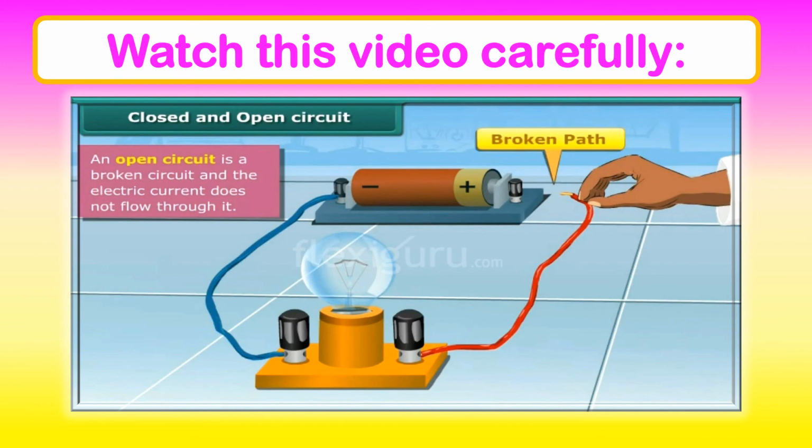Also, the bulb doesn't light up since electricity can't flow through this circuit. A broken path is known as an open circuit. Now, you see the difference between closed and open circuit. A circuit must be complete and closed for the electricity to be able to travel around it.